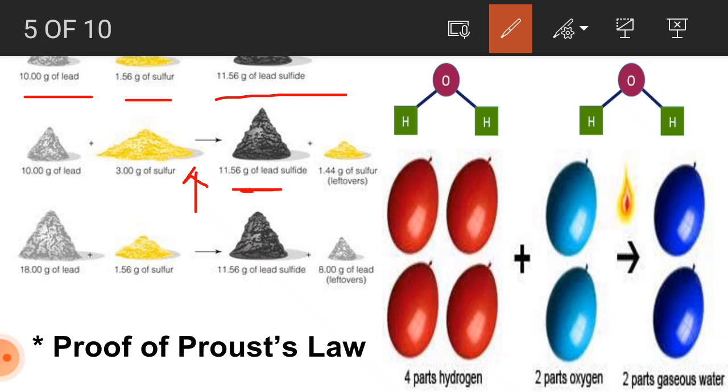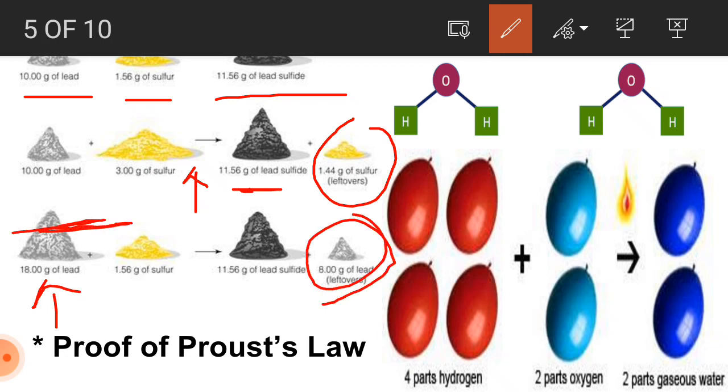There won't be more than that, and the excess sulfur will be left over. Similarly, if we increase the quantity of lead also, there will be a residual amount of lead left over. This is because it obeys Proust's law.